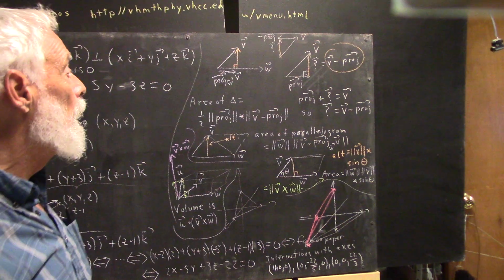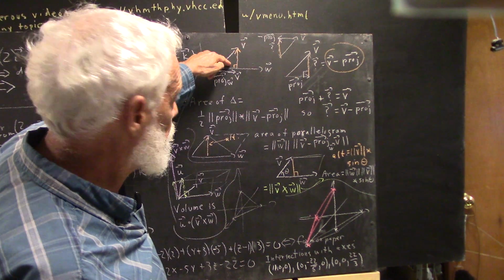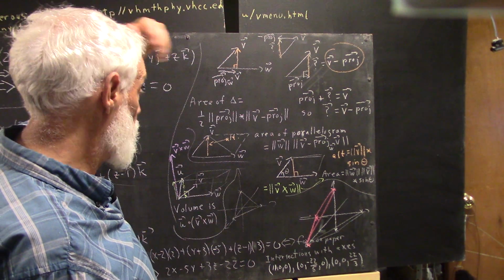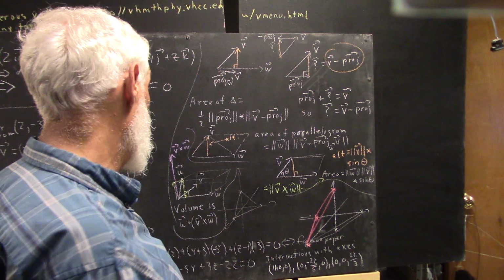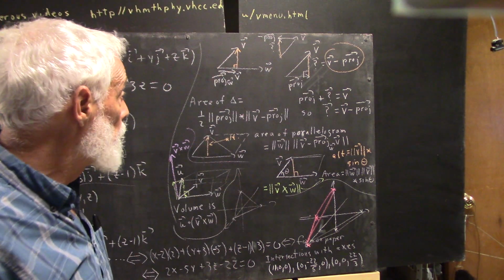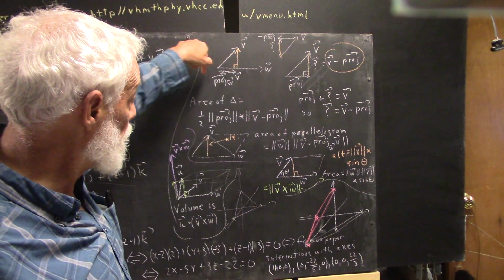Now, having done that, how can we find the area of this triangle? We're going to talk about areas of triangles and so forth, but the area is the base times the height, base times altitude. Where's the base, where's the altitude of this triangle?